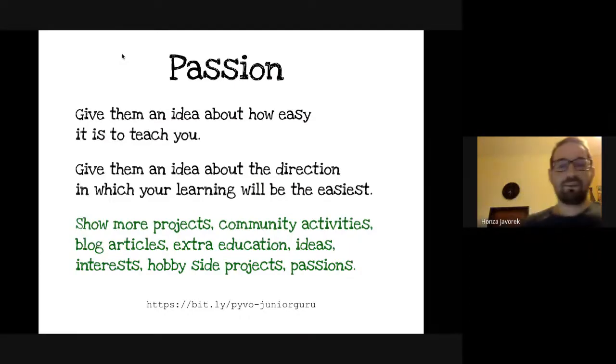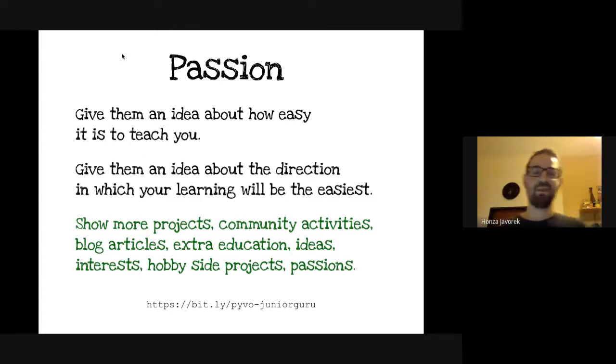So then there's passion. Passion is a heavily overloaded word, which attracts a lot of bullshit, but I didn't come up with a better one. So basically, you're trying to give them an idea about how easy it is to teach you, and the direction in which your learning will be easiest.